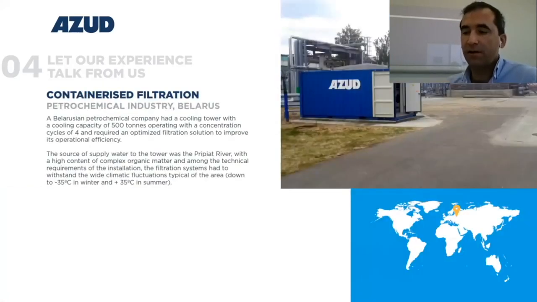Finally, I wanted to show you this case study that is also a side stream filtration, at a petrochemical industry. But the interesting thing about this reference is that it is a containerized solution.